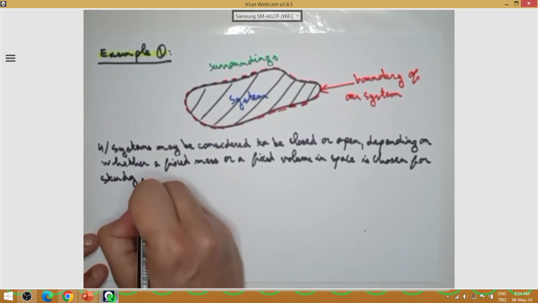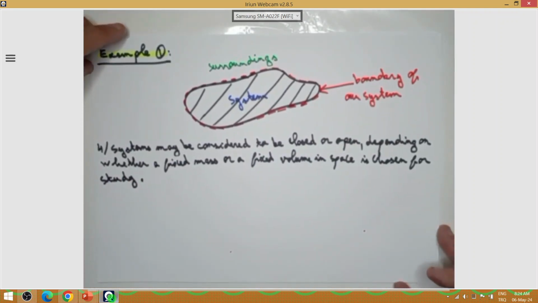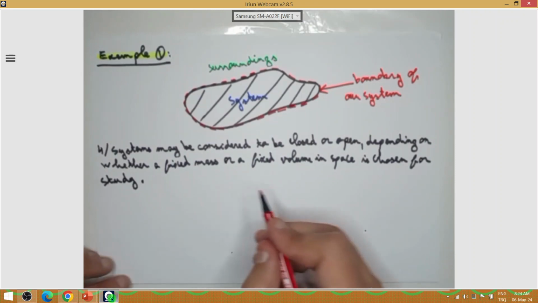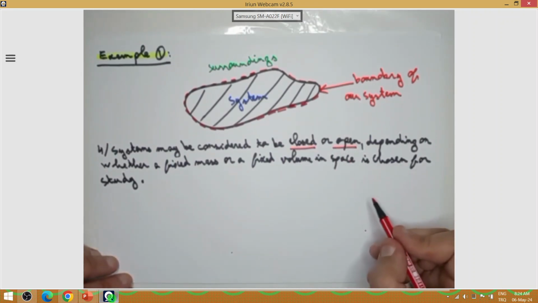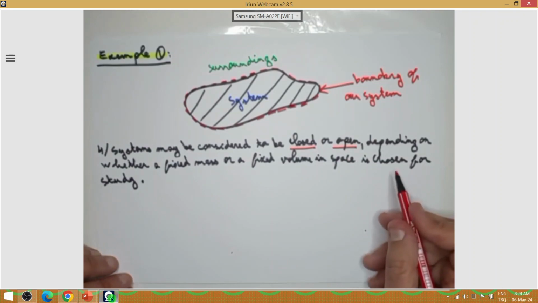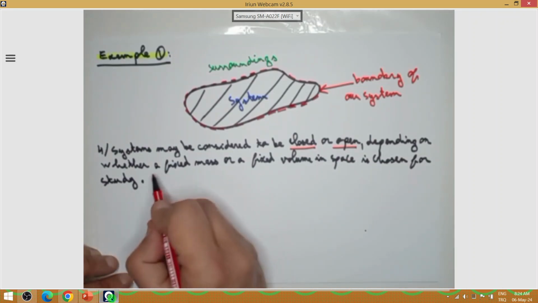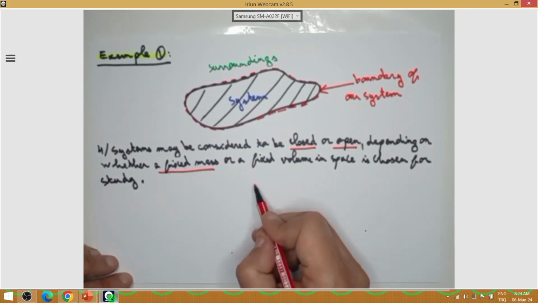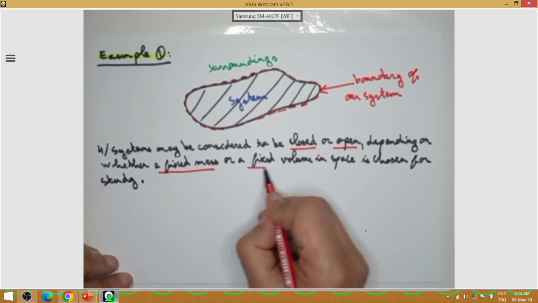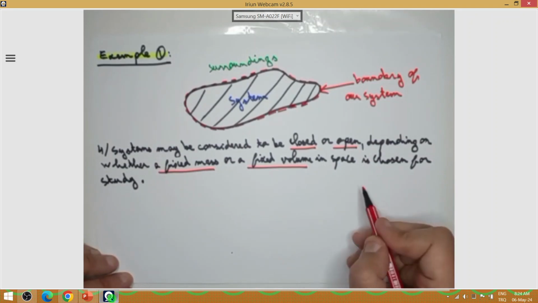So let's see this sentence again. A system may be considered to be closed or open, dependent on whether a fixed mass or a fixed volume in space is chosen for study.